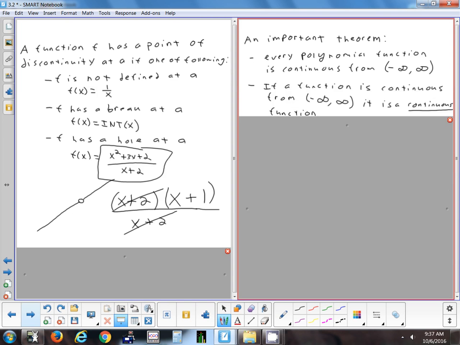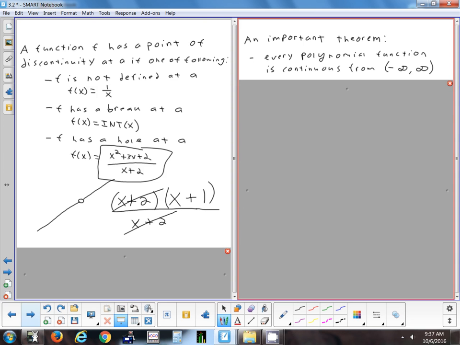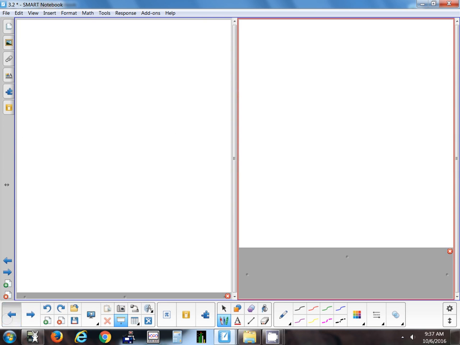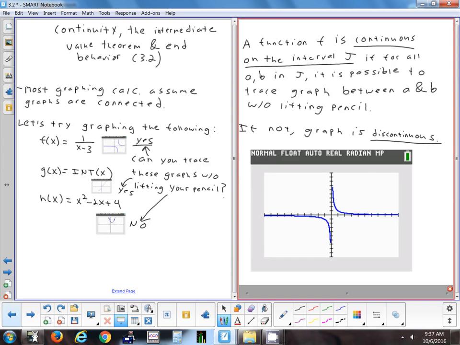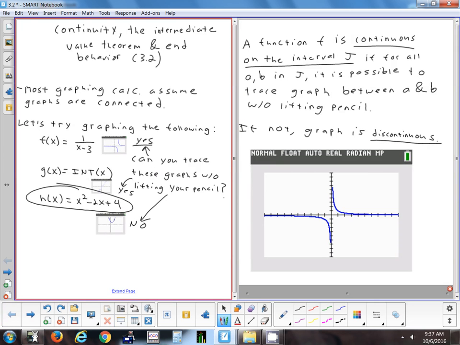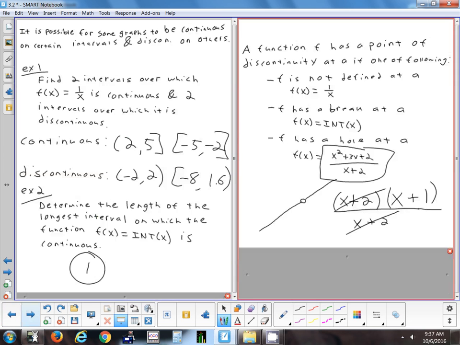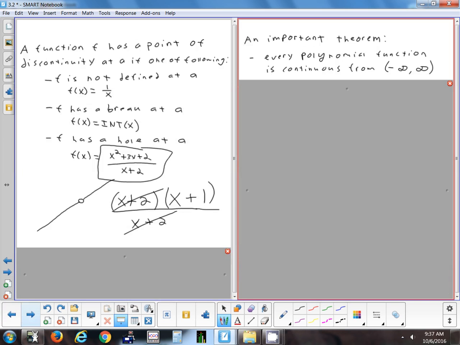So the last example that I did when we started this example right here, that's a polynomial. Okay. What's nice about polynomials is they are continuous all of the time.